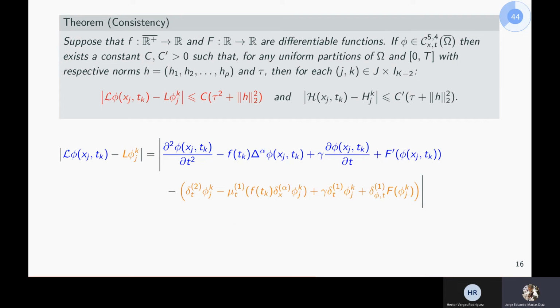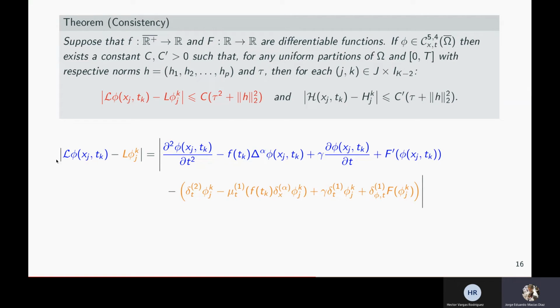About the consistency of the model. We need to suppose that f, lowercase f, and capital F are differentiable functions, and that phi is a sufficiently smooth function, so it is of this class of functions. Then there are constants c and c prime, greater than 0, independent of tau and h, such that the difference between the continuous operator and the discrete operator is bounded by this quantity.